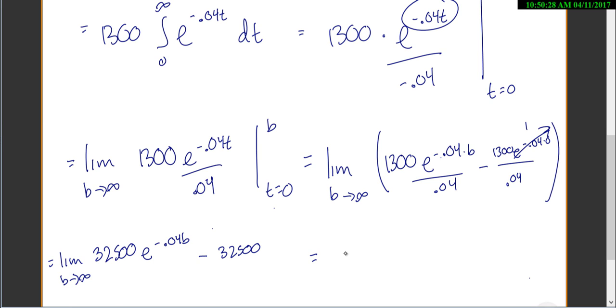This is an e to a negative exponent. When you have a negative exponent, that usually just means let's move it to the bottom. So we have 32,500 over e to the, now it's a positive because we moved it to the bottom, 0.04b, minus 32,500.